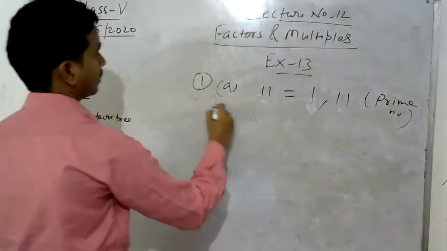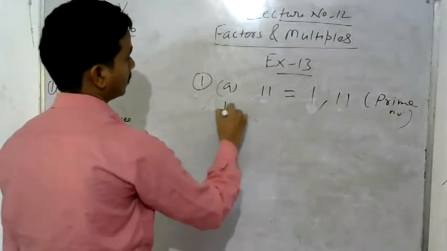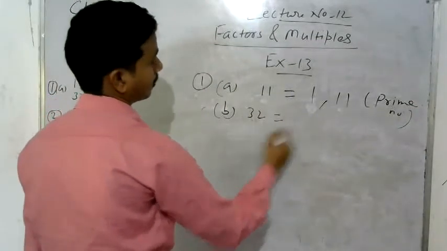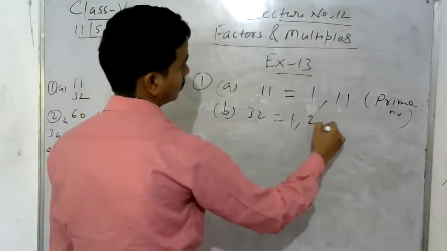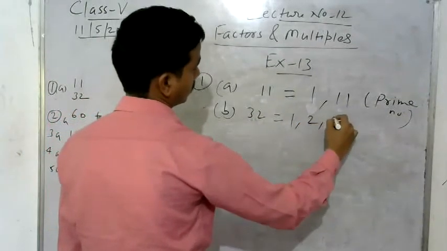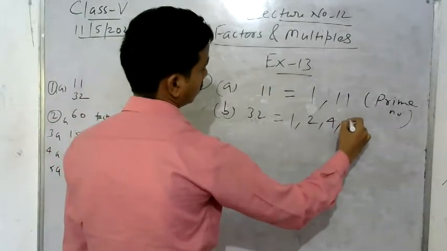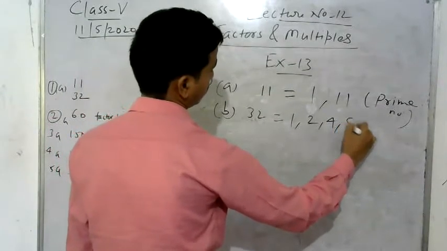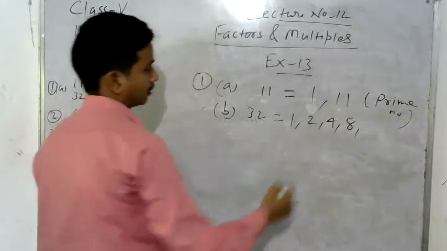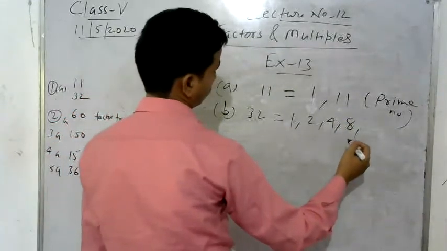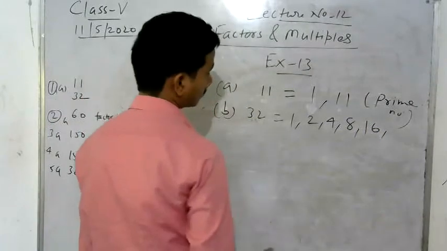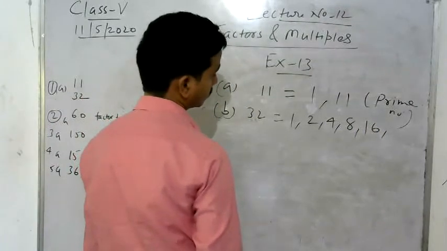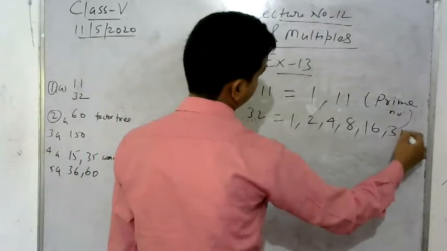Now let us take another example. B, 32. What are all the factors of 32? 1, 2, 4, 8, 16, and 32.